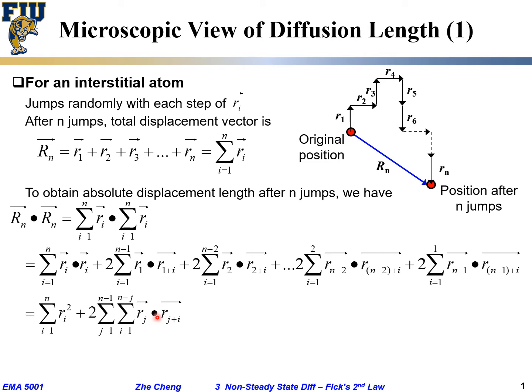The first Rj is from 1 all the way to n minus 1, j is from 1 all the way to n minus 1, times the other one, j plus i. And i is from 1 all the way to n minus j. That's the crossing term. Okay, of course, Rj and Rj plus i, typically these two would not be the same. So that's why I still have to keep the vector symbol.